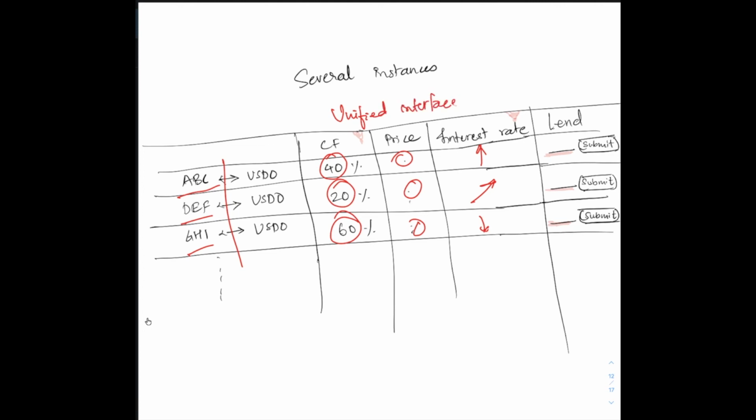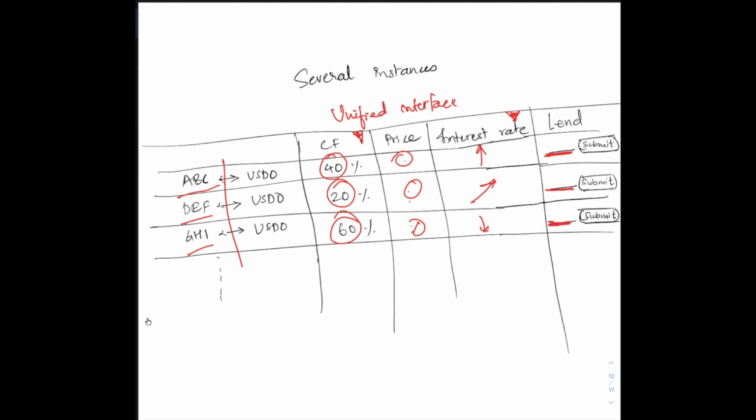There could be filters saying, okay, only show me pairs which have interest rates above a certain point, or collateral factors above a certain point, etc. And then the user can choose where to deploy his or her USDO.